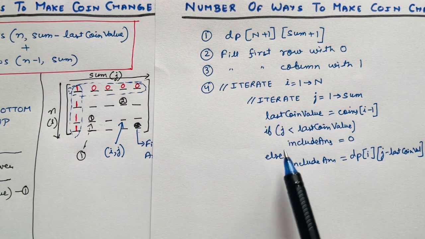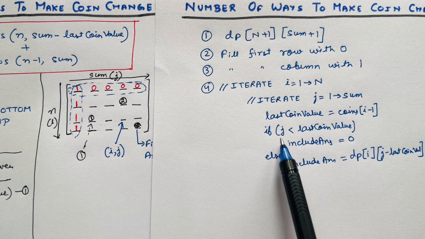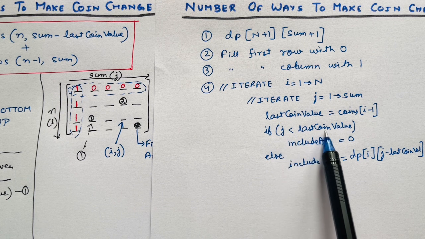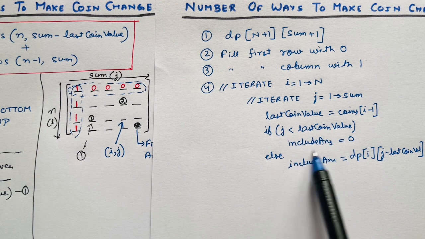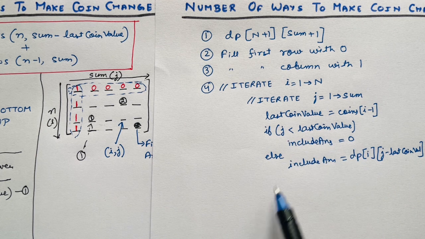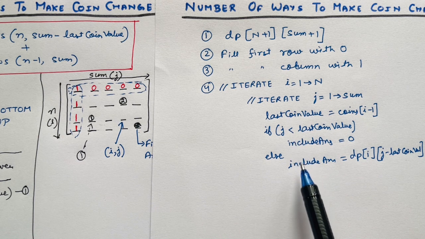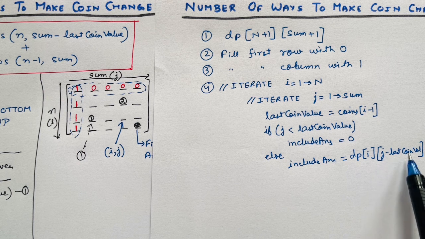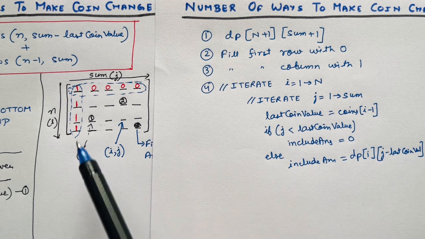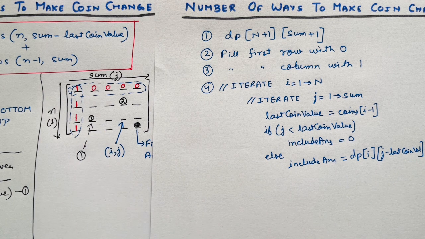That is why we will add this condition. We will first check if j is less than this, that means j minus this will become less than 0. In that case, our include answer will be 0. But if it is not the case, then our include answer will simply be dp[i][j minus last coin value], something corresponding to 1 here.